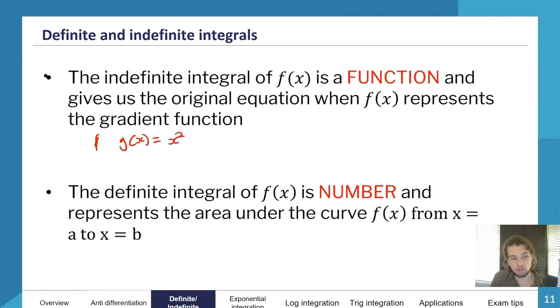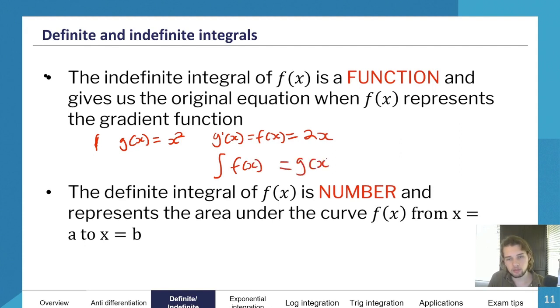If we were to differentiate that, so the differential of g(x) is equal to f(x), let's say, that would be equal to 2x, right? Then basically the integral of f(x) is equal to g(x). And that's sort of what it is. You're just reversing the process that you did.